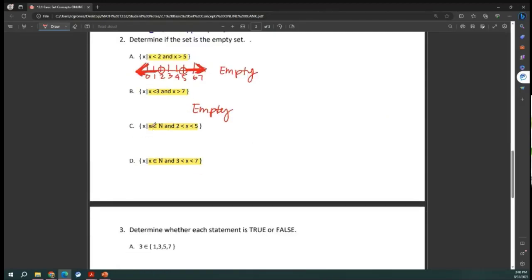On C, we have that X is a natural number, so we're looking at our counting numbers, and we have that X is between 2 and 5. So if I put this on the number line, 0, 1, 2, 3, 4, 5, 6. Yep, 3 and 4. So is this set empty or not empty?